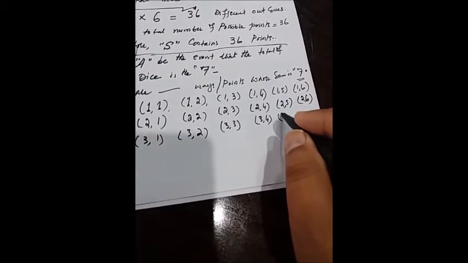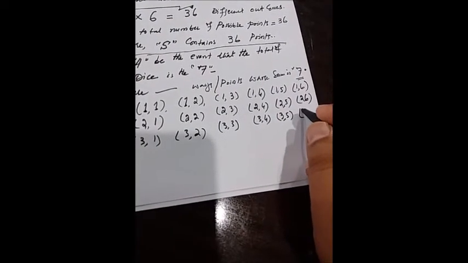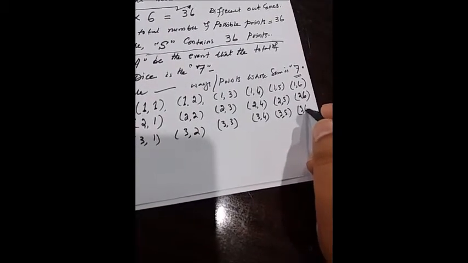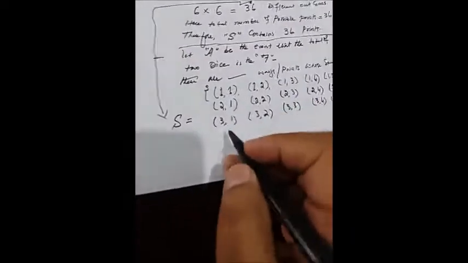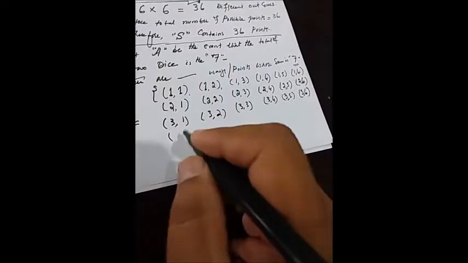So there is a possibility of one die containing 3 and the second die containing 5, and it may be one die containing 3 and the second die containing 6. Other ways are there.